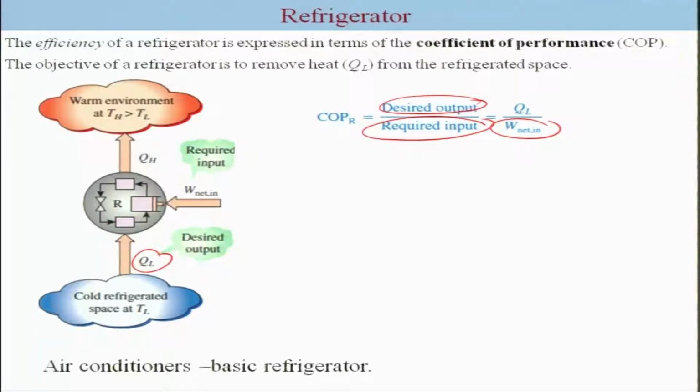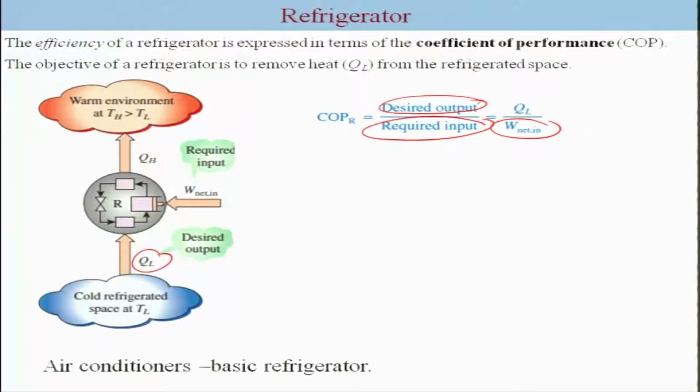Now, for the case of a heat pump, the purpose is to maintain the environment of the room at a certain temperature TH, and thus the desired output is going to be QH. So, for the heat pump, the coefficient of performance would be QH divided by W net in.